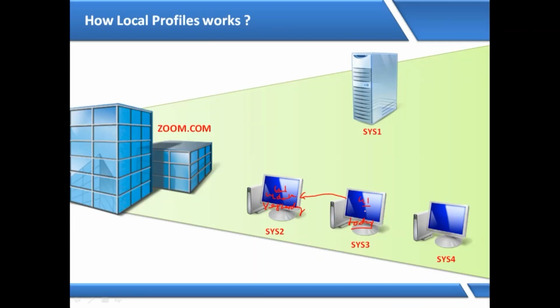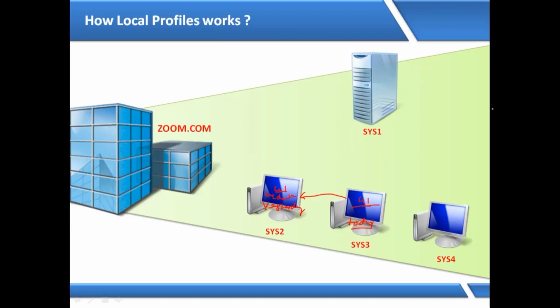So the local profile advantage is that one user cannot see other user data, when they write the data in their personal settings folder. This is the advantage of the local profile. But the disadvantage is that we are not expected to get the same machine every day. So if that user logs in the next day on some other machine, he cannot access his own data from the other machine, because the data is stored on that machine.